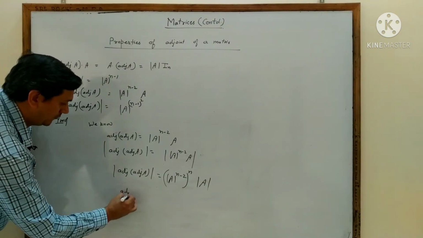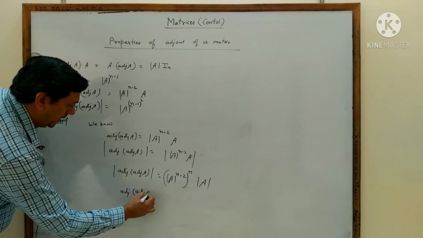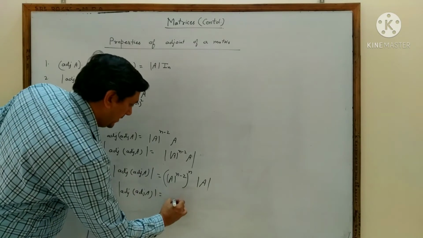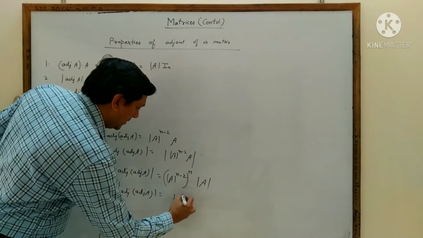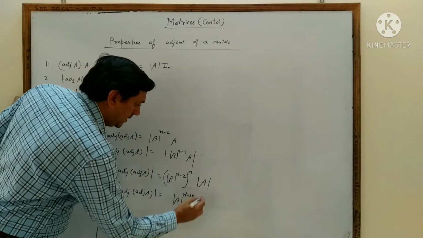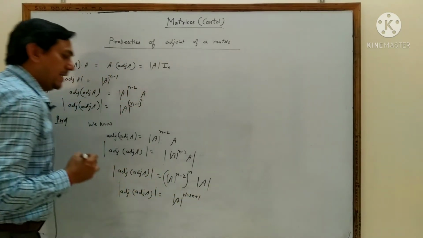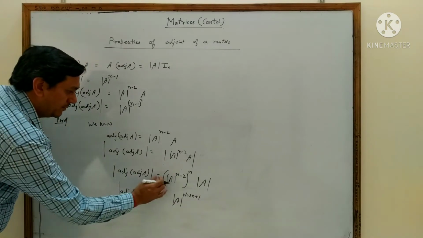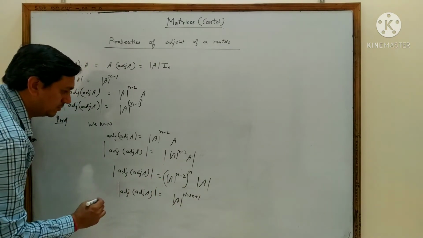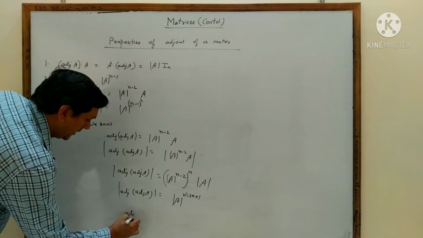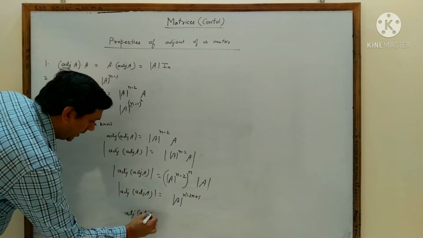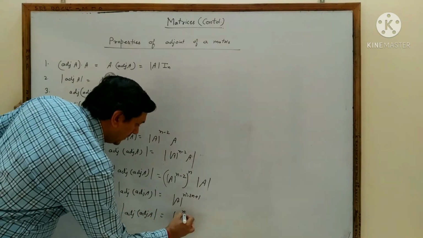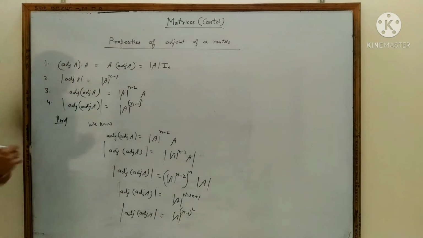The determinant of adjoint of adjoint of A is equal to determinant of A raised to the power n square minus 2n, and also power 1 is added, as we have determinant of A in multiplication with determinant of A raised to the power n minus 2 raised to the power n. So we have the determinant of adjoint of adjoint of A equal to determinant of A raised to the power n minus 1 whole square.